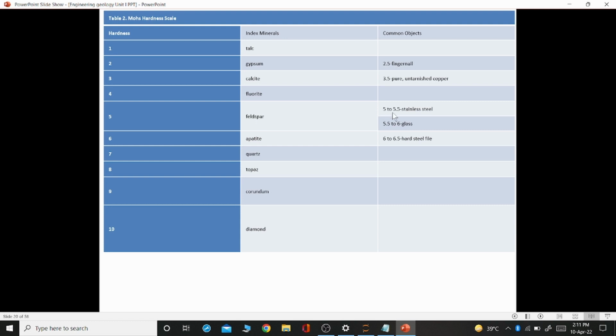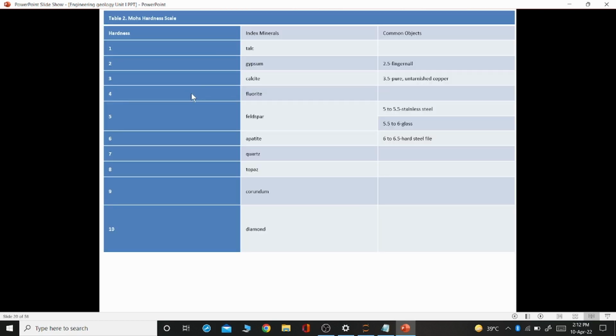Stainless steel has a hardness of 5 to 5.5. Glass has a hardness of 5.5 to 6. And orthoclase has a hardness of 6 to 6.5. The seventh one is quartz, the 8th one is topaz, the 9th one is corundum, and the 10th one is the diamond, the hardest of the minerals.